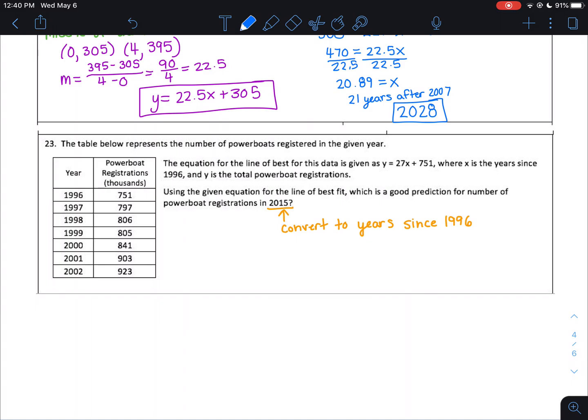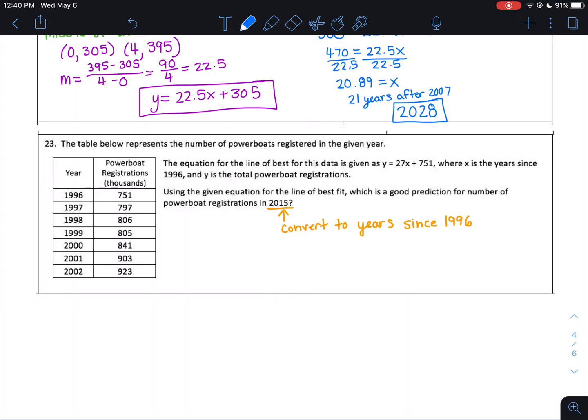It says the table below represents the number of powerboats registered in the given year. Okay, this one gives us the equation for the line of best fit. It's y equals 27x plus 751, where x is the year since 1996 and y is the total powerboat registrations.